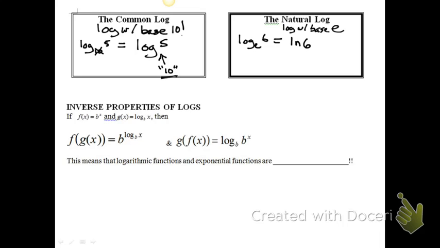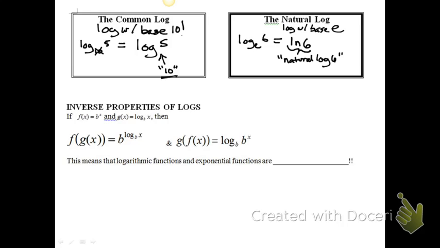And that is confusing because it doesn't even look like a log. The way you actually read this is natural log of 6. You would think it would be NL 6 for natural log 6, but it's not.